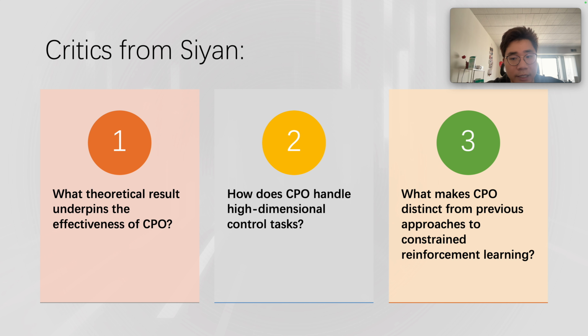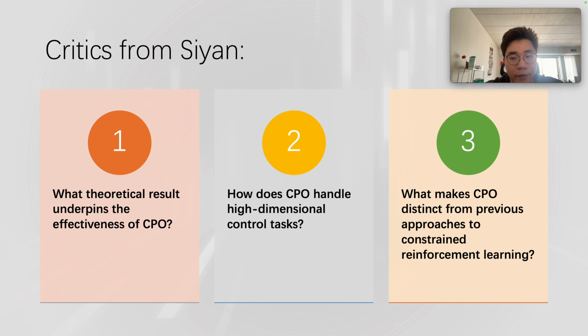And also CPO is based on novel theoretical results that provide a bound on the expected return difference between policies, facilitating a principled approach to policy improvement that respects constraints.